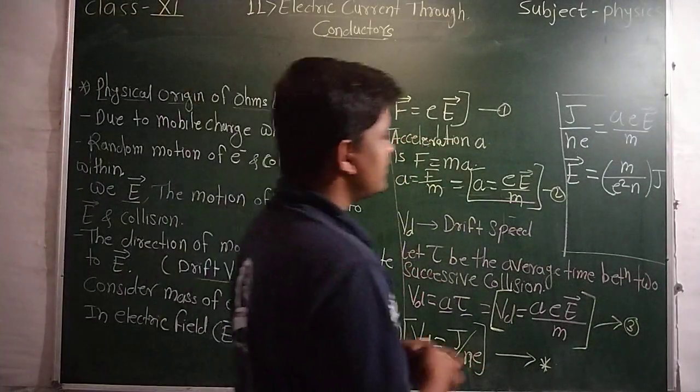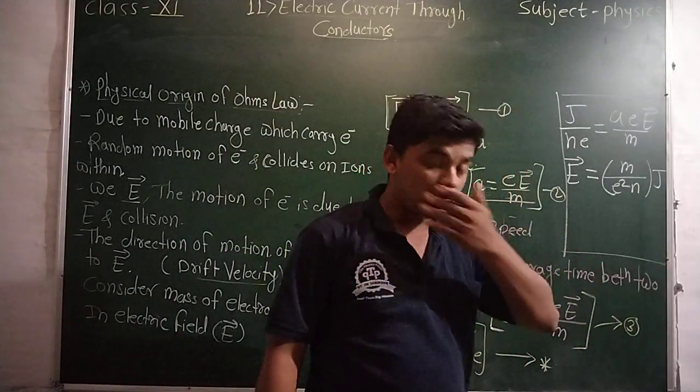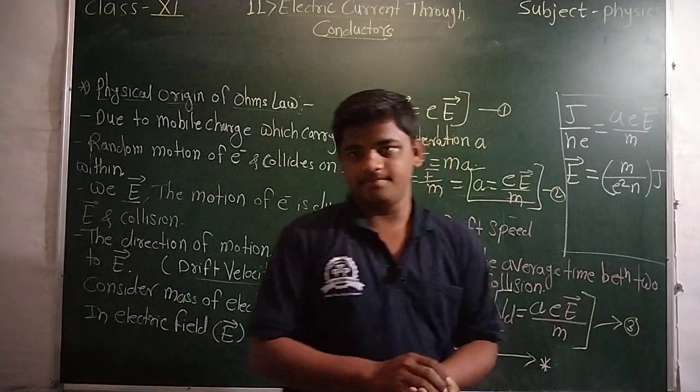How can we derive Ohm's law, the physical origins of Ohm's law, with the help of these equations?